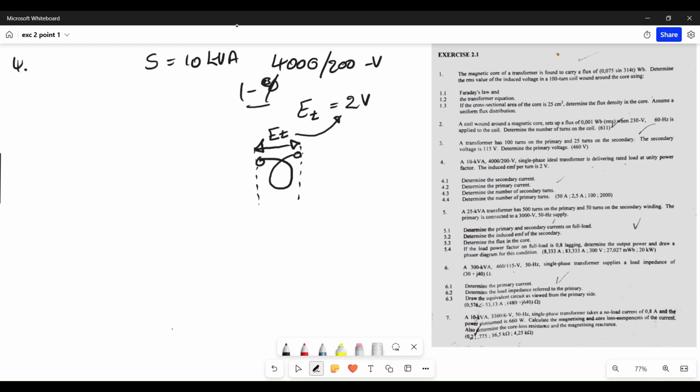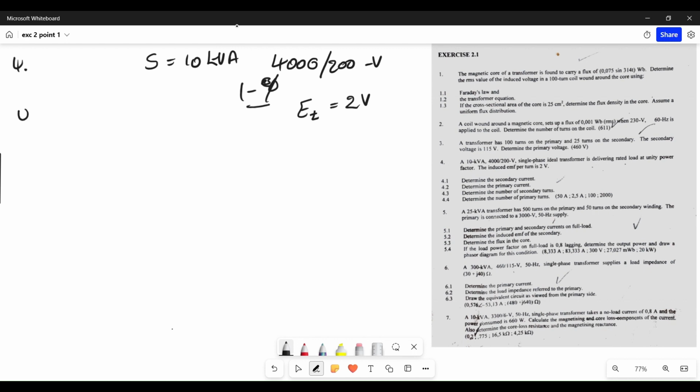Meaning if I add another turn, my induced EMF is still 2 volts per turn, but now I add them, meaning I'm going to have 4 volts in total. That's why we say induced EMF per turn. The induced EMF is the voltage that becomes induced inside one turn. I hope someone understands that.